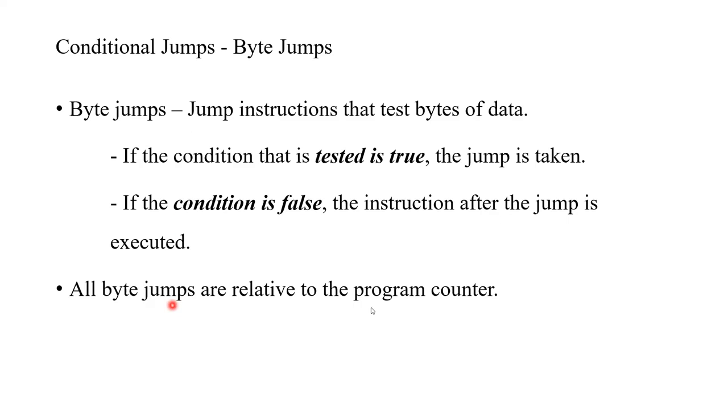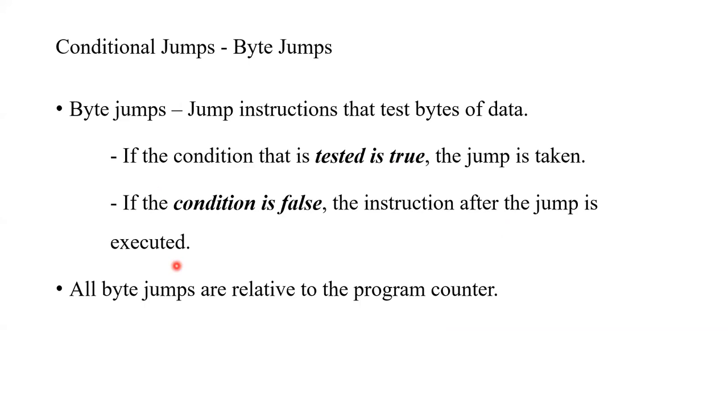All byte jumps are relative to the program counter. What do we mean by that? They have a relative range, right? All these byte conditional jumps have a relative range. We see whether the condition is true or false.